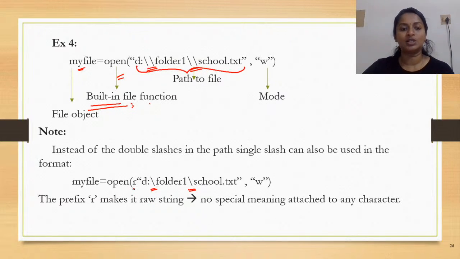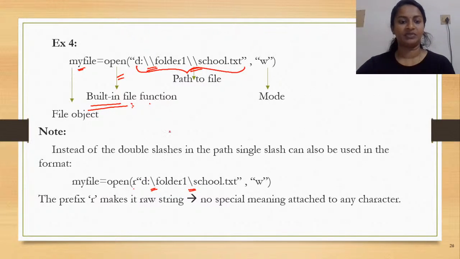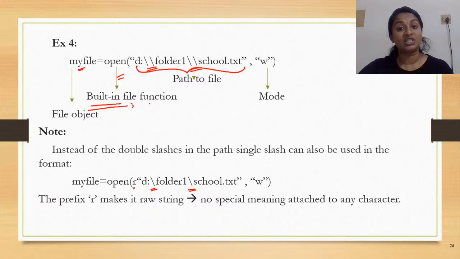To show that it is a raw string, what you need to do is attach the small letter r just before the opening quotes, not inside the quotes but outside the quotes. It is not mandatory to use it, but this is a provision in the language. So I'm telling you so that you understand it.